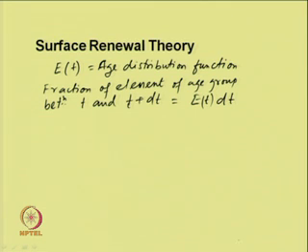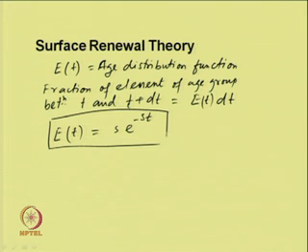So, the surface age distribution function E(t) can be obtained as S e to the power minus S t. So, this is the age distribution function for this case.